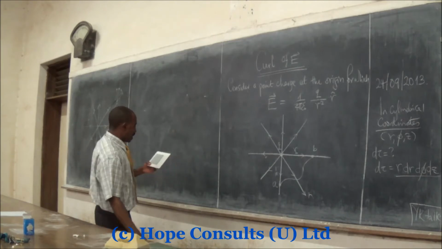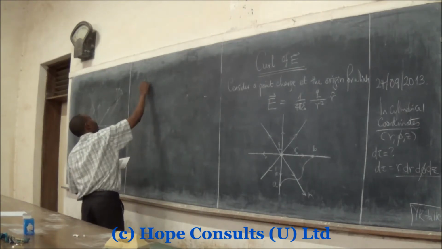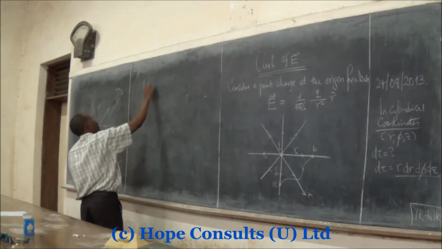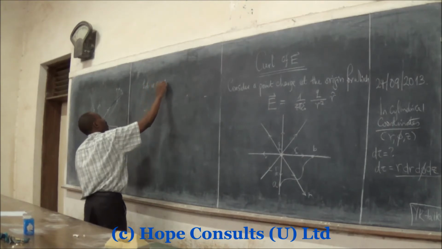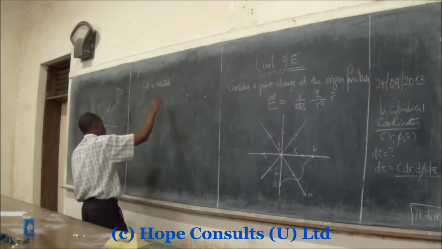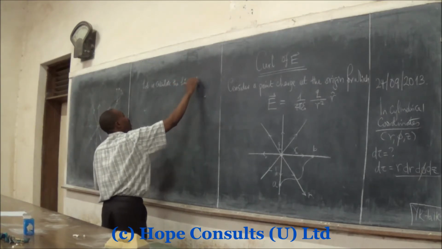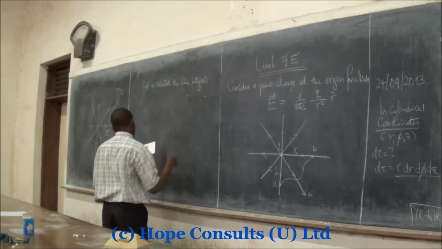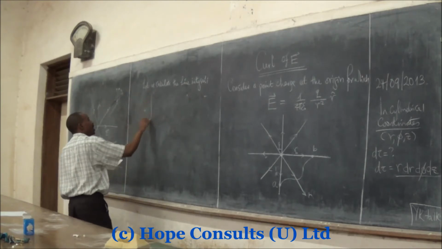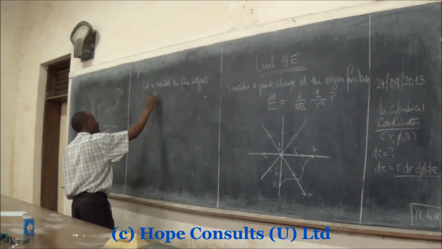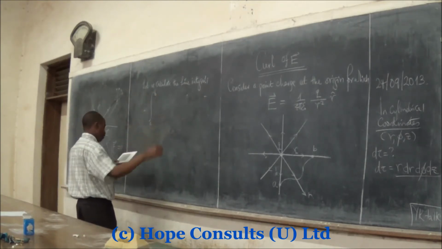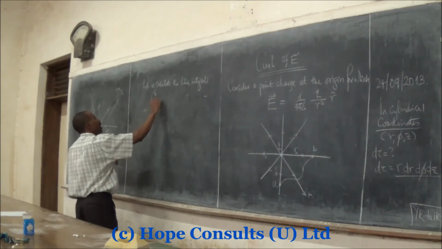And we can calculate the line integral, by integrating from A to B, following the line A to B, of E dl.